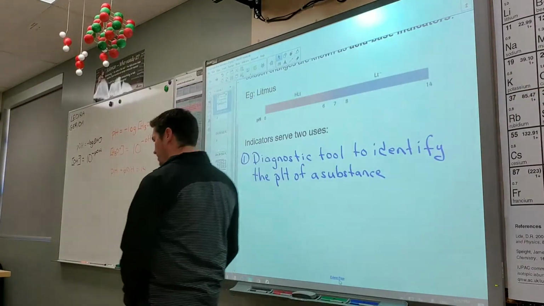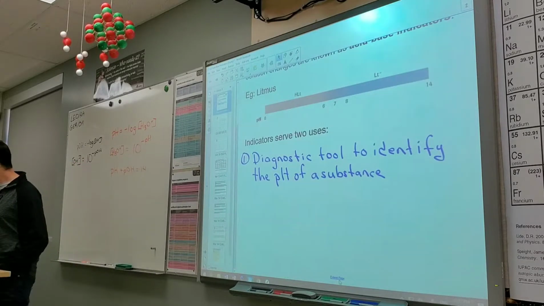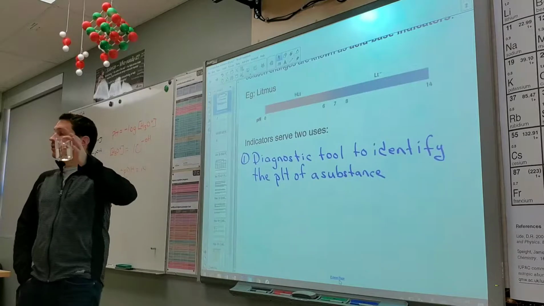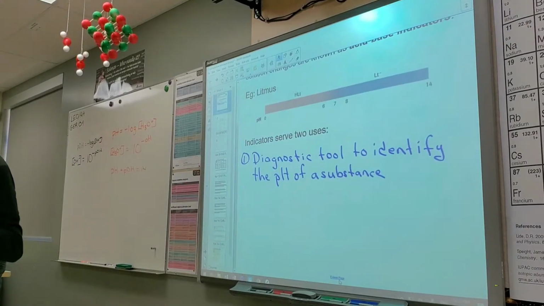If I had a beaker of some sort of a clear, colorless solution, you could do a bunch of diagnostic tests to see what the pH was.